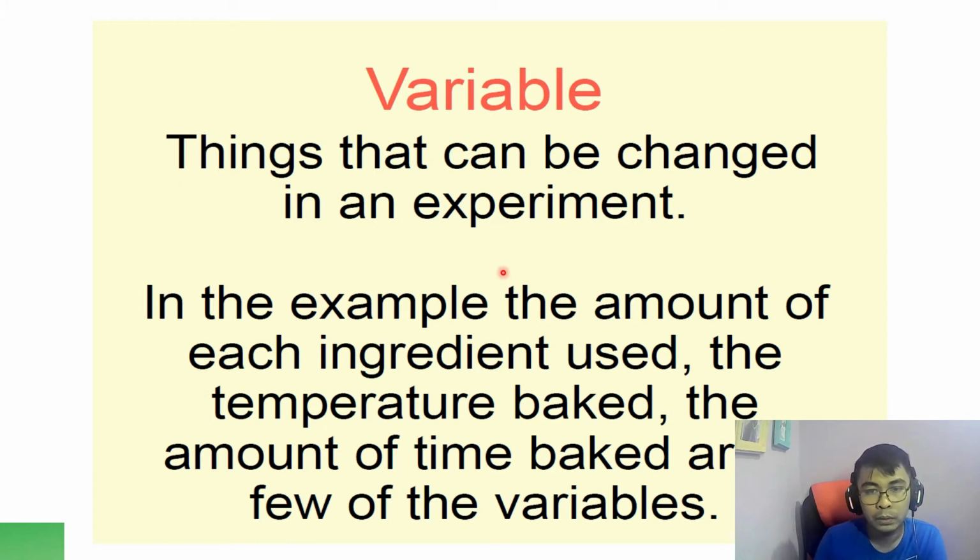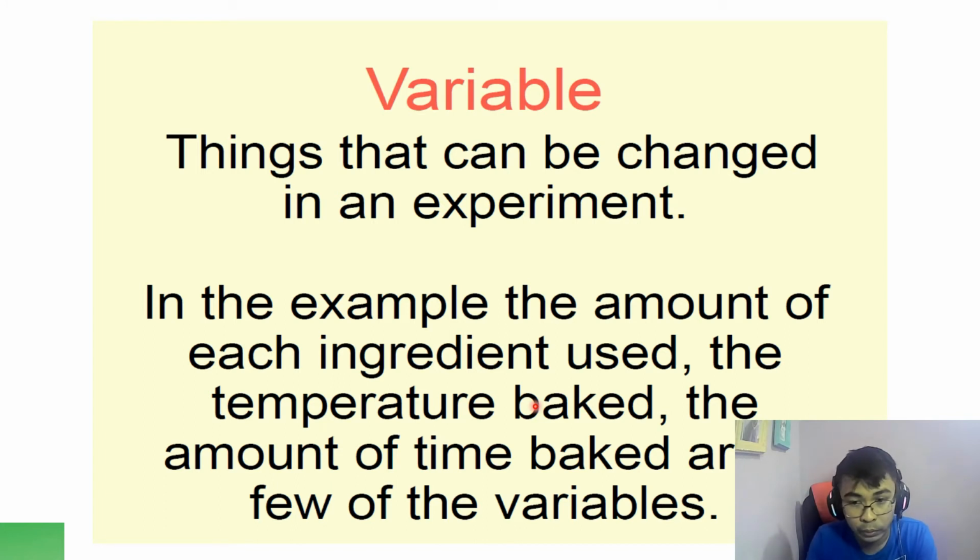In the example given, the amount of each ingredient used, the temperature baked, and the amount of time baked are a few of the variables. So again, according to the experiment that John will be conducting, yung variables doon sa study niya is yung amount of each ingredient. Bakit ito isang variable? Kasi yung amount, pwede naman siyang magbago.